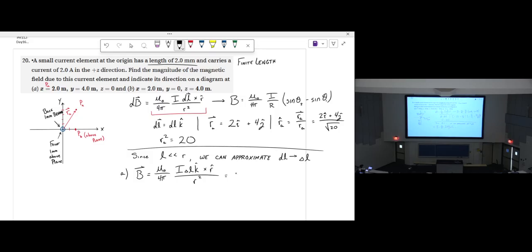We get mu naught I delta L over 4 pi r squared times k hat crossed into r sub a squared, crossed into k hat, or k hat crossed into 2 i hat plus 4 j hat.